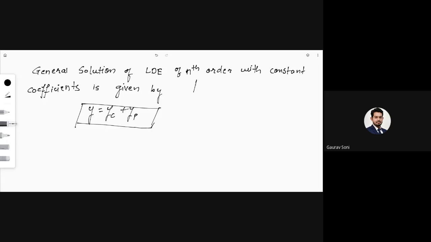What was our differential equation? phi of d acting on y is equal to f of x. Its solution will look like yc plus yp.